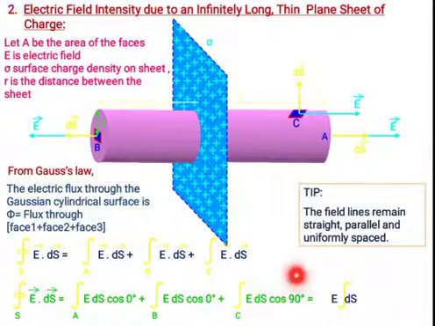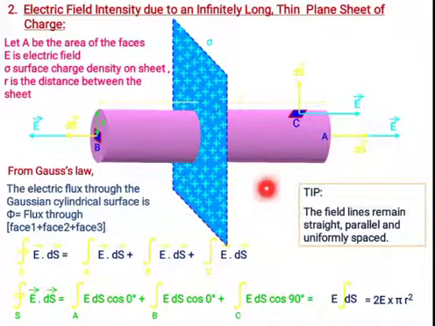This term is 0, why? Because cos 90 is 0, this entire term will be 0. Therefore the integral of E ds is 2E into pi r square. Why pi r square? ds is the area, pi r square, so we substitute the area formula here.